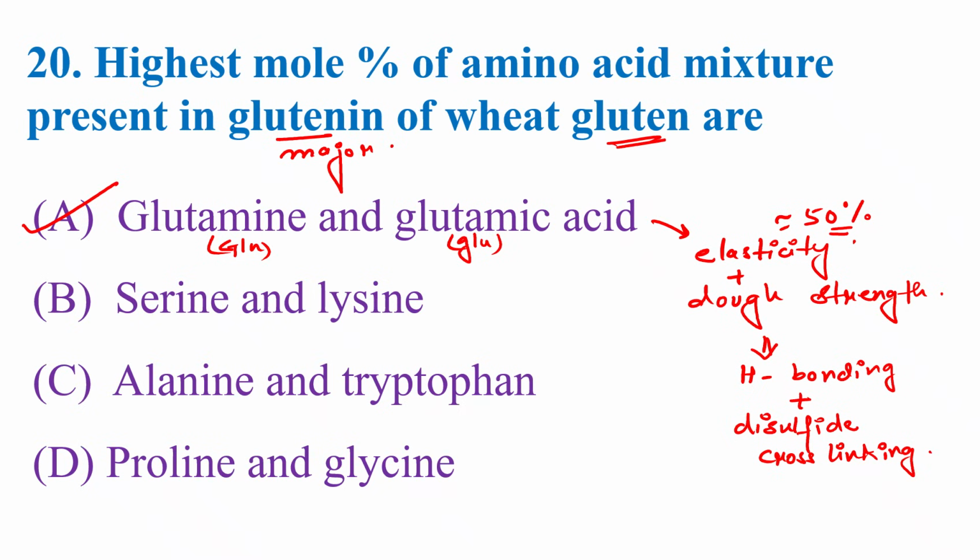Whereas serine and lysine, actually these are present but in lower amounts. Alanine and tryptophan, these are rare. And proline, glycine: proline is moderately high but not glycine. So over here, my correct option is option number A.